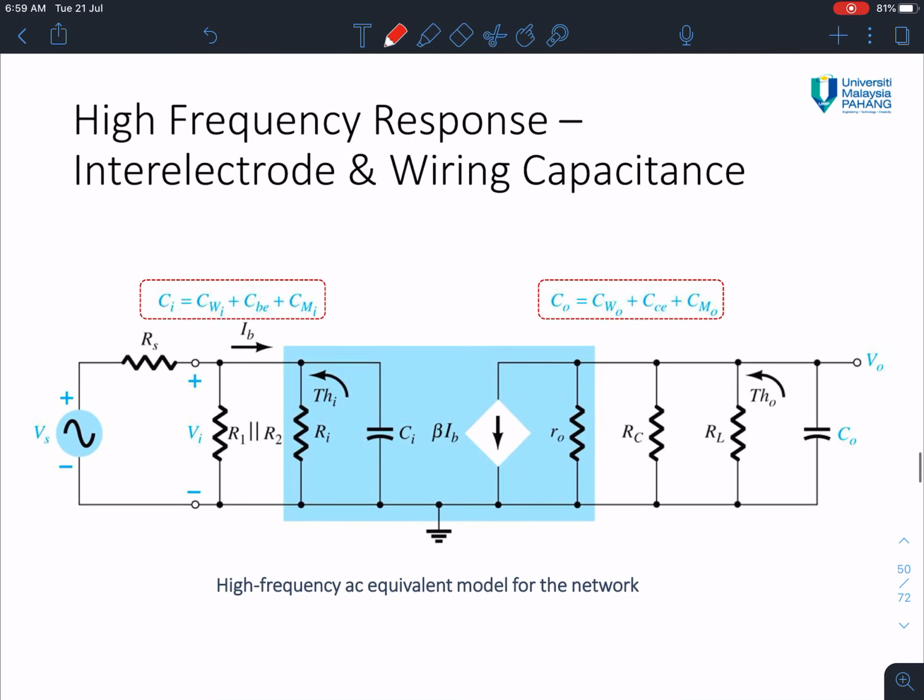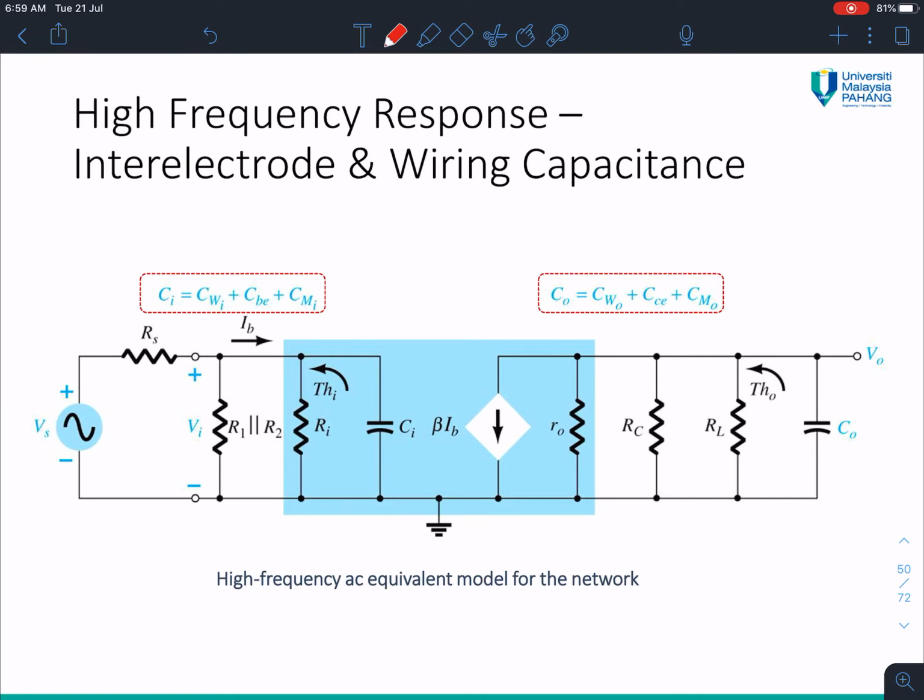Now we take a look at the overall circuit in the AC equivalent network with the capacitance. So we have C in here. C in is actually the total of CW in, CB in, and CM in.